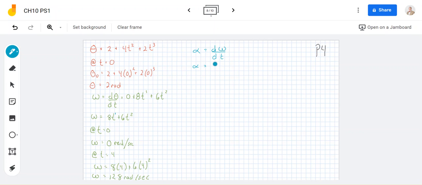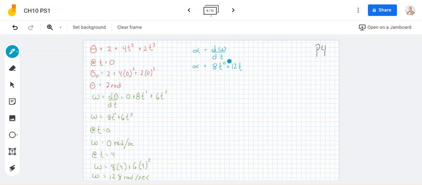So 1 times 8 is 8. 1 minus 1 is 0, so this is t to the 0. 2 times 6 is 12. 2 minus 1 is 1.